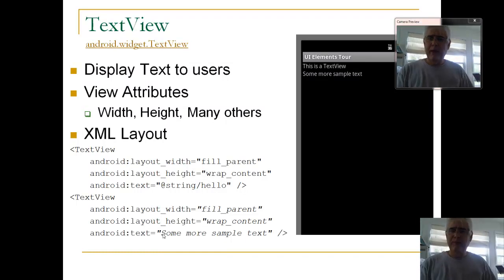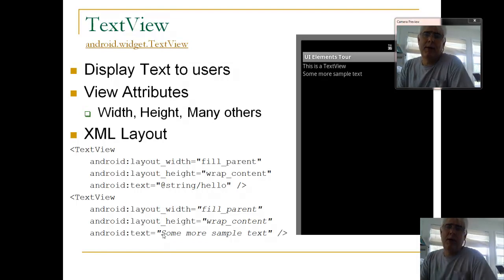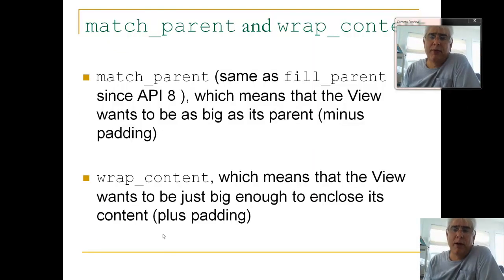Okay, that's text view. Now, we talked a bit about this idea of fill parent and wrap content. What does that mean? You see those with both the layout width and the layout height elements. Very important, pretty simple, but very important. You'll see them all over. So let's start with match parent or fill parent.